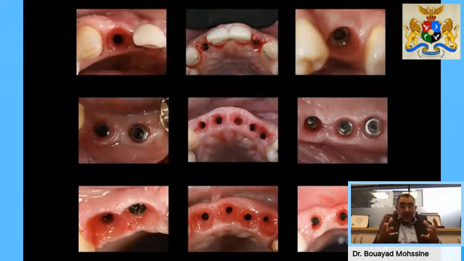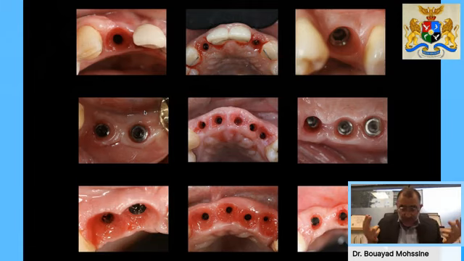So we can see here different kinds of implantations with 1, 2, 3, or more implants in the bone, but these surgeries will be predictable if we respect the protocol, if we respect the management of hard tissue, the position of the implant, and the management of soft tissue.